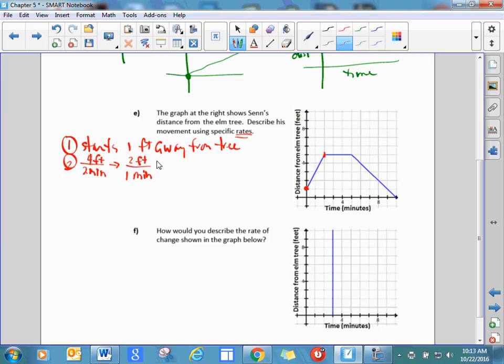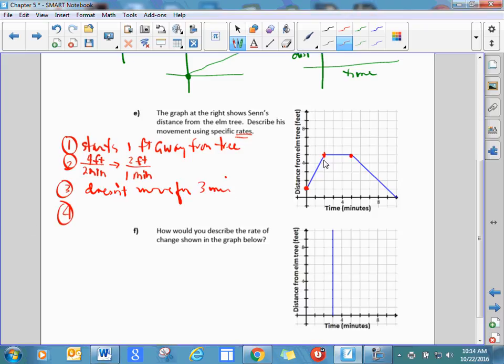So that's his next rate until, of course, he stops. So the third thing that's happening in this graph, from here to here, so these are our key points so far. He doesn't move. He stops. He takes a rest. Doesn't move for how long? We're looking at the time. 1, 2, 3 units.